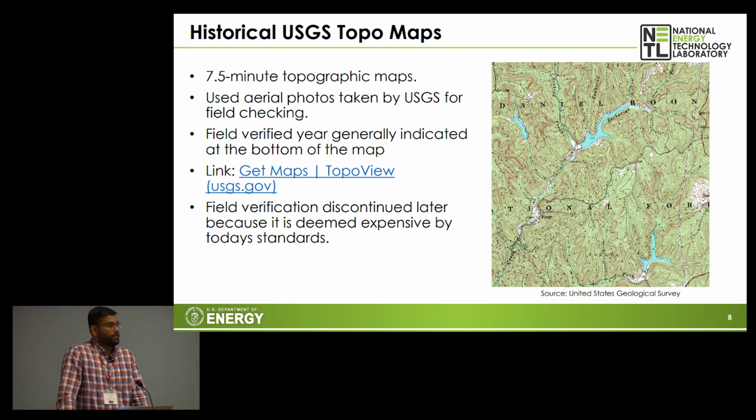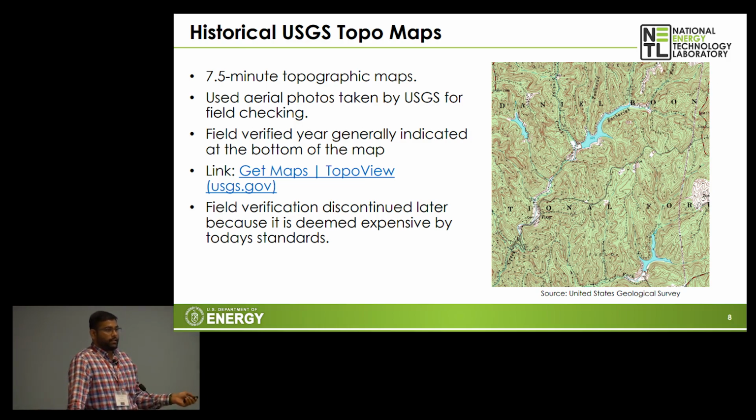And the second one is the historical USGS topo maps. As you can see on the right, there's one of the good examples of a historical topo map. And let me point there. When you look closely at the map, there are small circles over there. These are circles that were handprinted by USGS between the 1940s and 1990s.